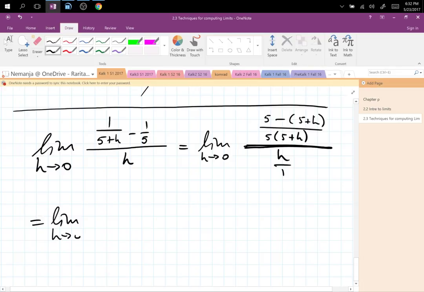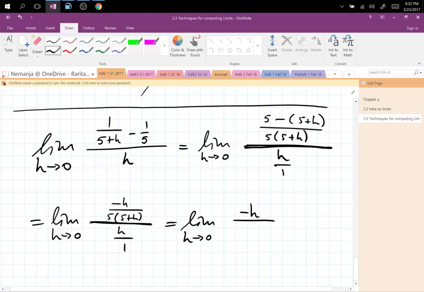This is a very important limit, by the way. We'll do a lot more of this. 5 minus 5 is gone, so I have minus h divided by 5 plus h, divided by h over 1. So now to solve the double fraction, we multiply the two that are far apart, and then the two that are close by.